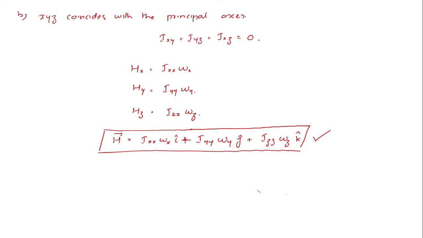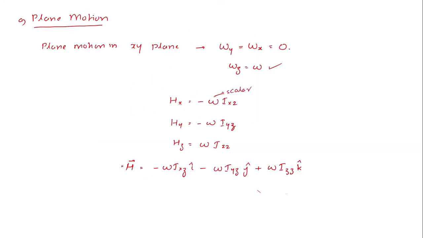Okay, so remember these two cases. One in case the small xyz coincides with the principal axis. The other in case of a plane motion.